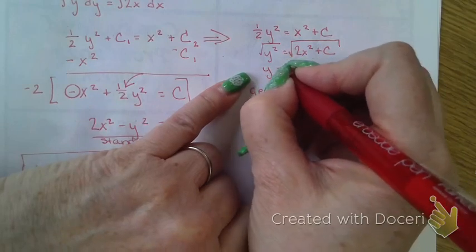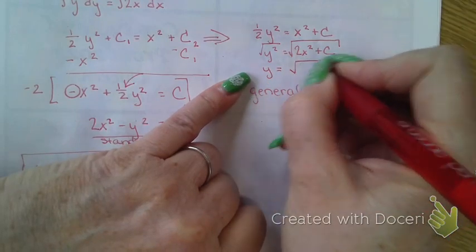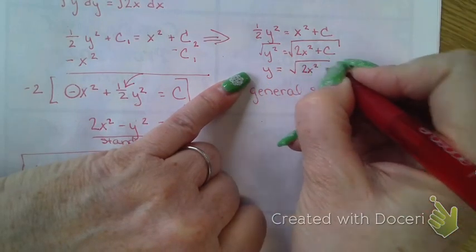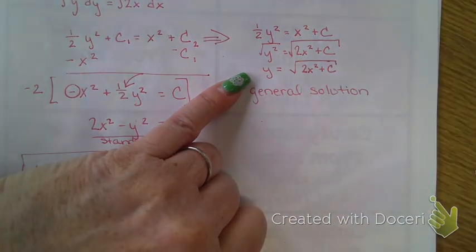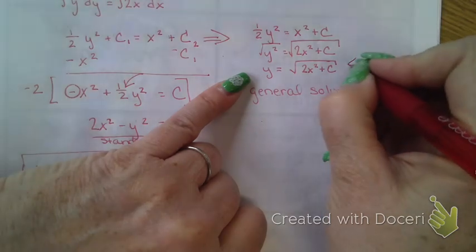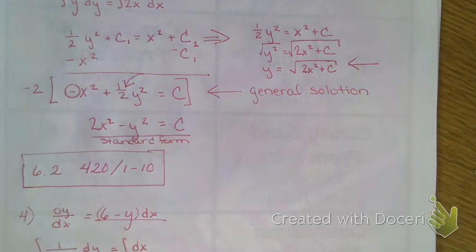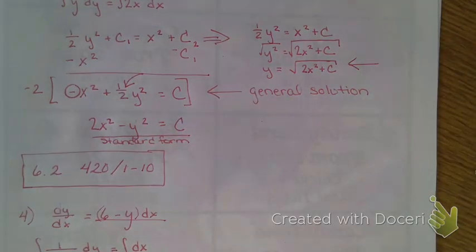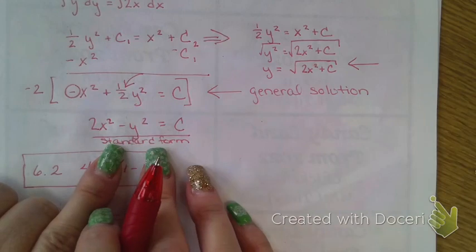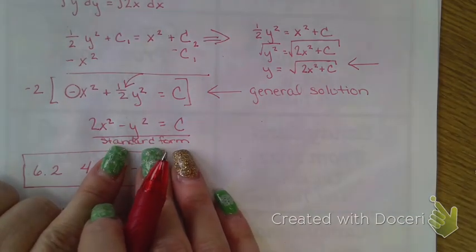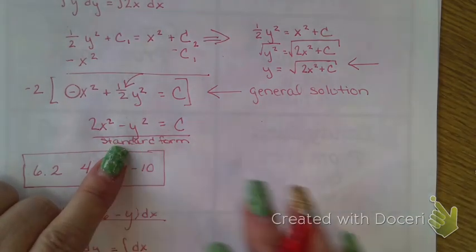So y equals the square root of 2x squared plus C. So we will probably put it in y equals form. That makes more sense because I can graph this, correct? I can do a lot of stuff with this, where standard form is nothing but looking pretty.